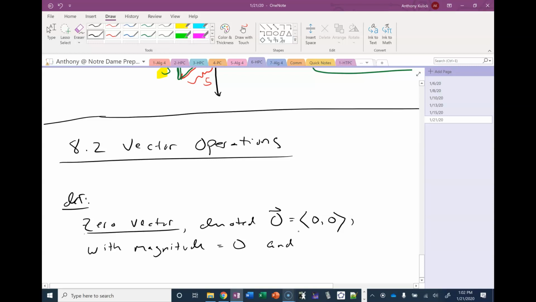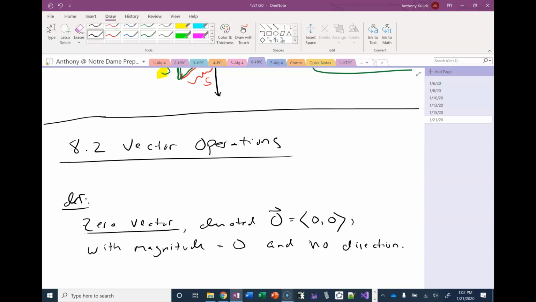We don't know. Questionable is the closest thing to the correct answer. The zero vector is the only vector that has no direction associated to it. If your vector is the points 0, 0, and 0, 0, what would your standard position angle look like? There wouldn't be one, right?